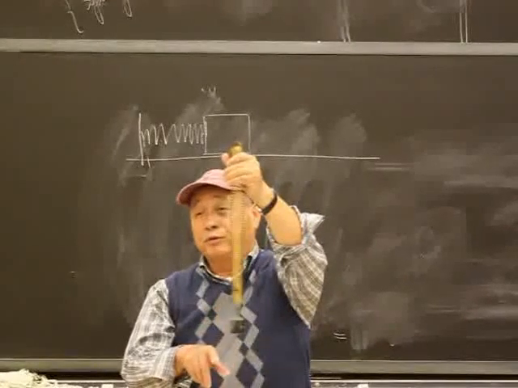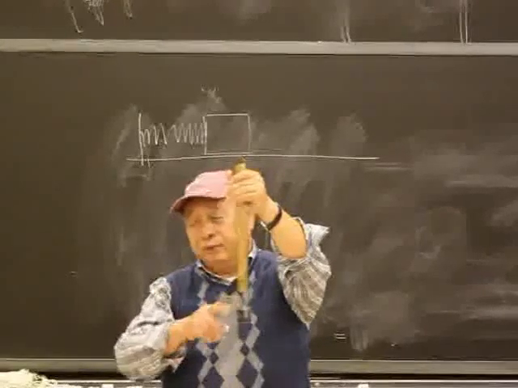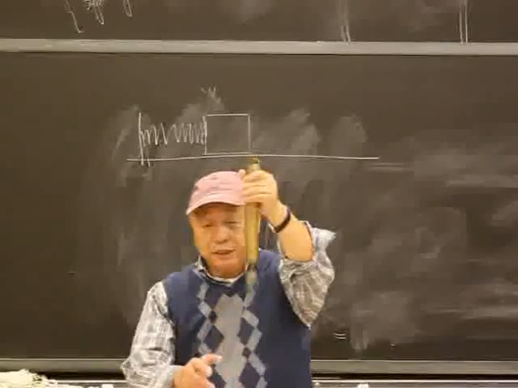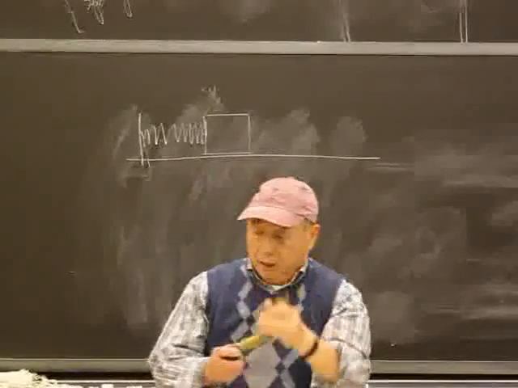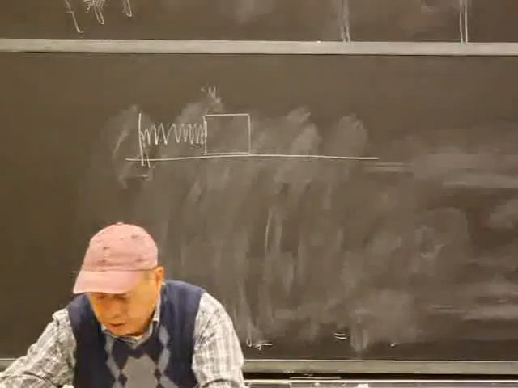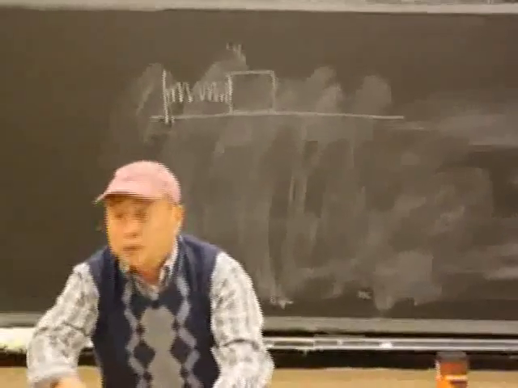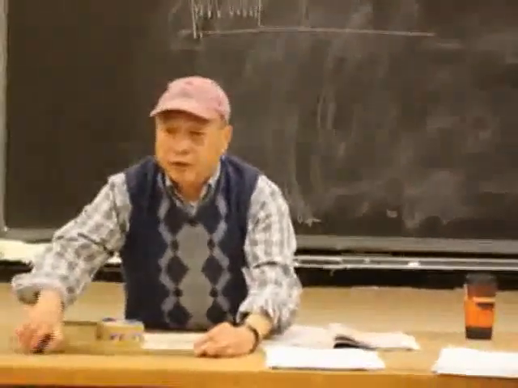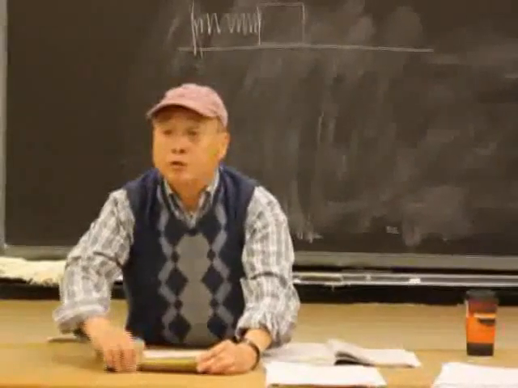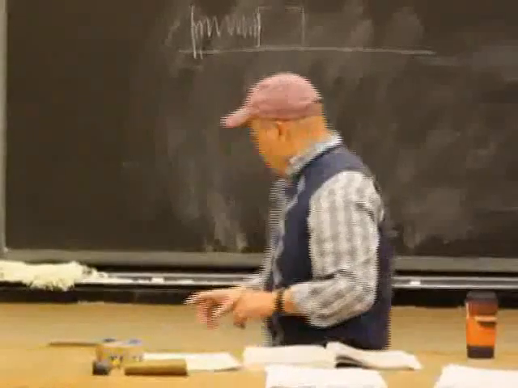Now this is conservative force, because the spring is conservative and the gravitational force is conservative. So going up and down is conservative. But when you're doing this, the spring force is conservative, but the friction between this and the table is not conservative. So how are you going to handle that?